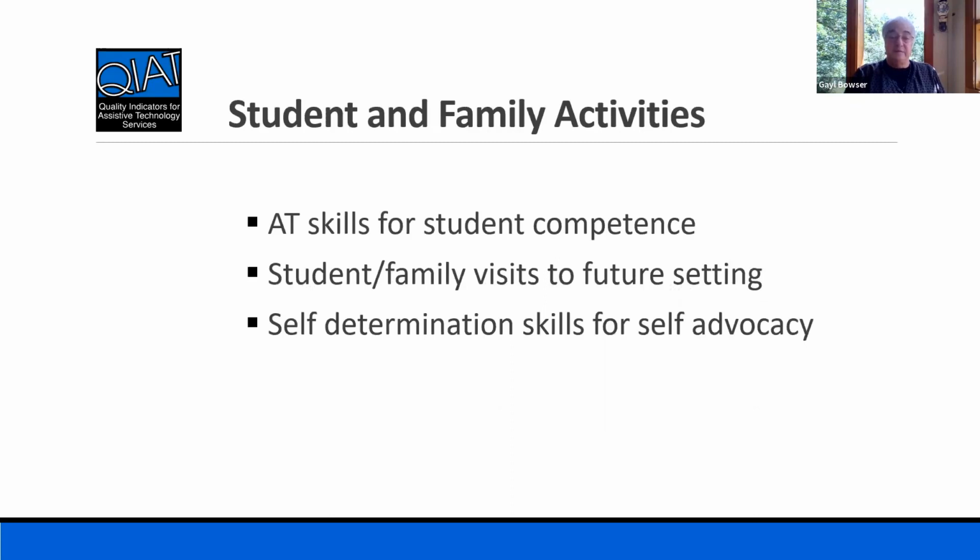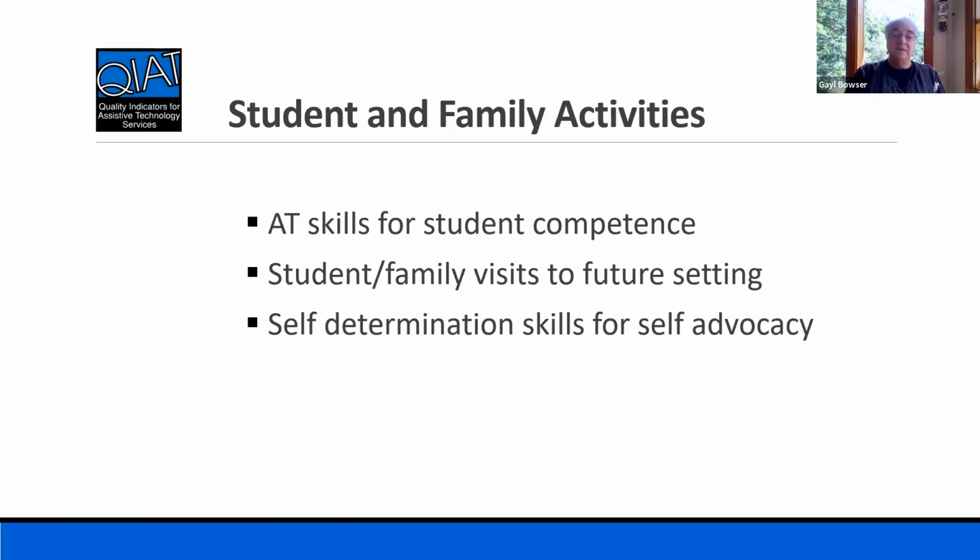Finally, student and family activities. Under student and family activities, we think it's important that the student develop as much independence as possible in their use of assistive technology. So they need to have not only ability to operate the assistive technology and do the tasks for which the technology was selected, but also to know how to explain it to other people and decide when to use their assistive technology independently.